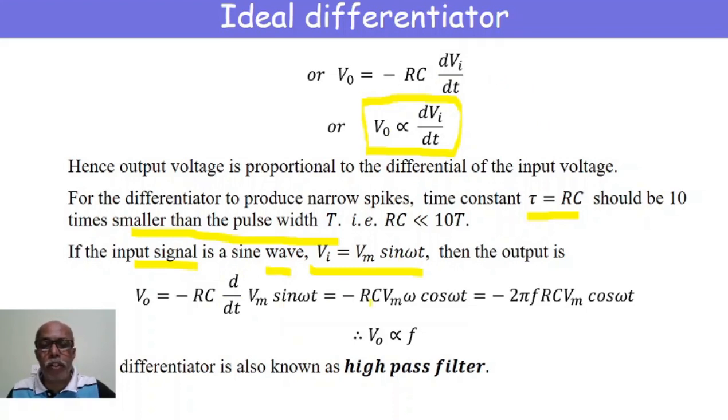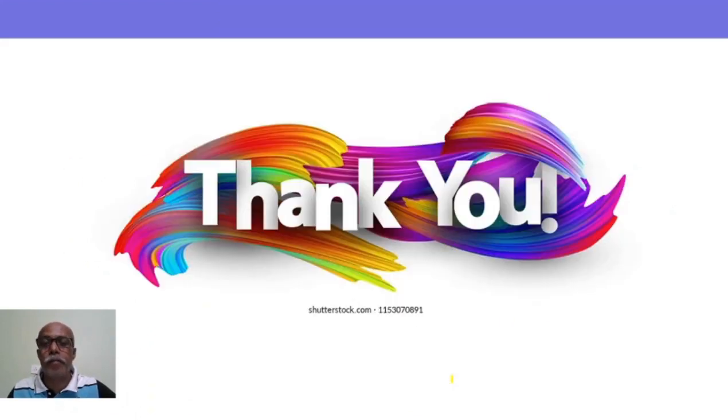That will be equal to minus RC Vm omega cos omega t, or minus RC Vm cos omega t, and omega is 2 pi f. All these are constants except f, therefore V0 is directly proportional to f. Hence, the differentiator is also known as a high pass filter. Thank you.